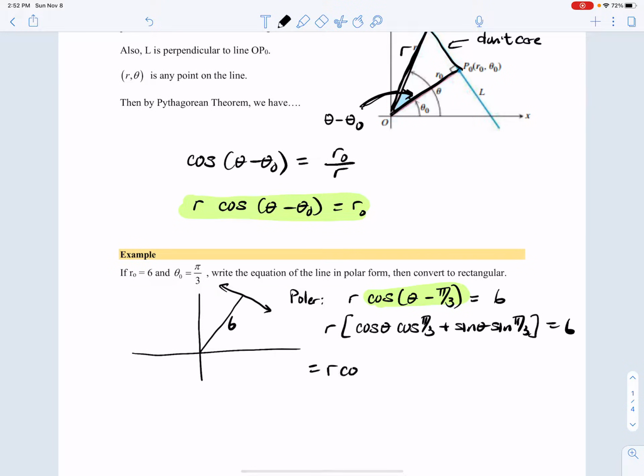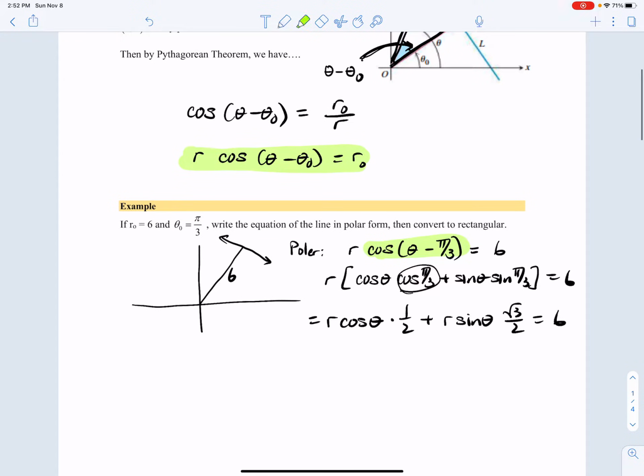So we have r cosine theta, and cosine of pi over 3 is 1/2. We have r sine theta, and sine of pi over 3 is root 3 over 2, and that all equals 6.